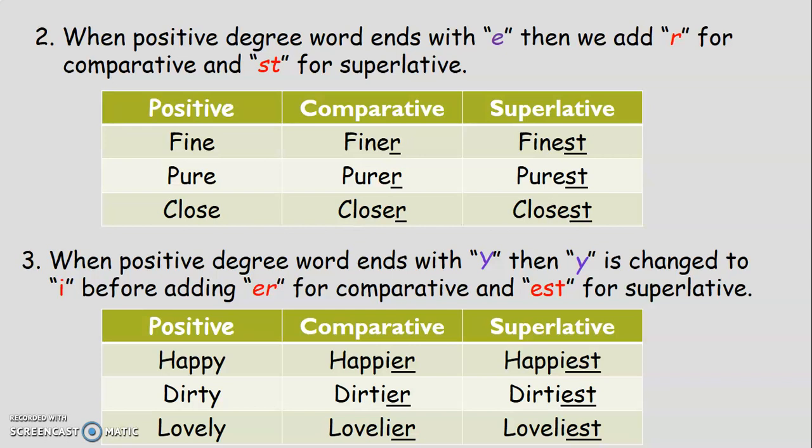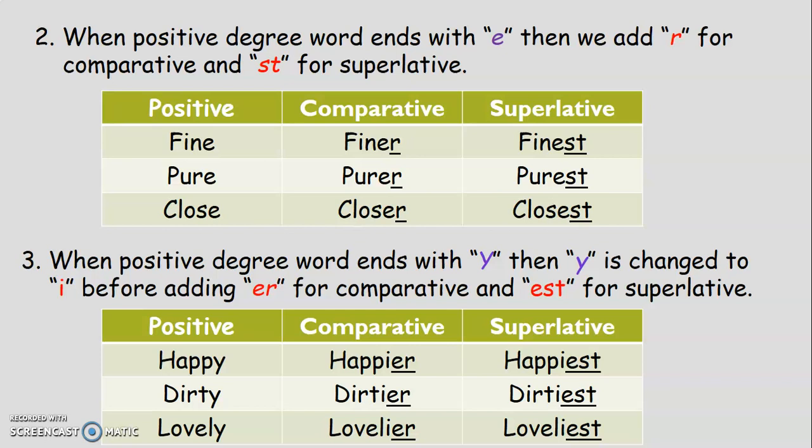Now when we change that into comparative, instead of y we have to add i, and then we add er. Same thing in the superlative, we change y to i and add est. So it will be happy, happier, happiest, dirty, dirtier, dirtiest, lovely, lovelier, loveliest.